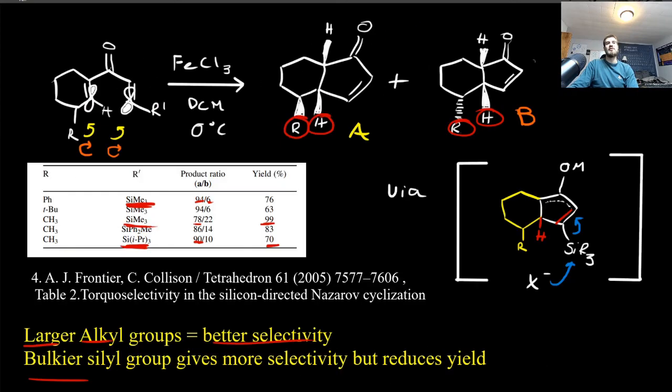So in this case, if you look up their ratio that they got, I think the one that's going counterclockwise based on the starting molecule yields A, and the one going clockwise yields B. So the one going counterclockwise allows to have the less negative steric hindrance happening, so you get this major product, which is A. And that's what they tried to exploit by varying the torquoselectivity, by varying the bulkiness of this R group and this silyl group.